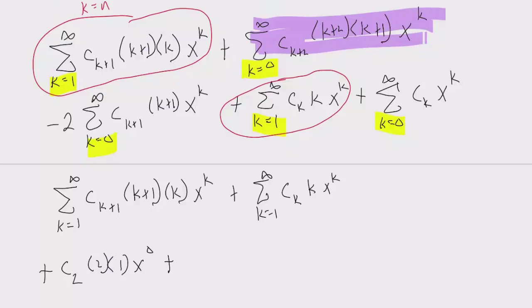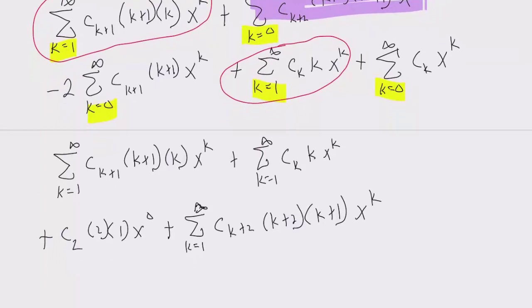And then the very next term in the pattern would just be the summation from k equals 1. And then everything else I get to copy down. Okay, scroll down there a little bit.